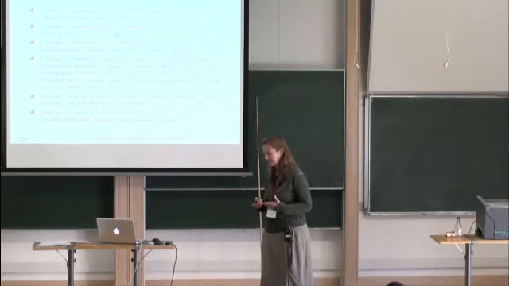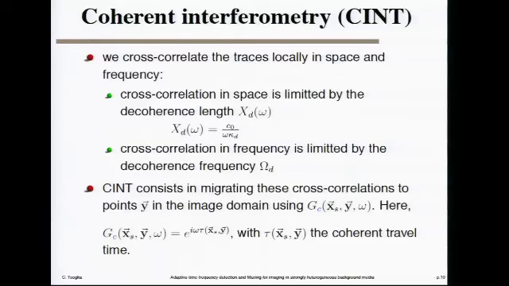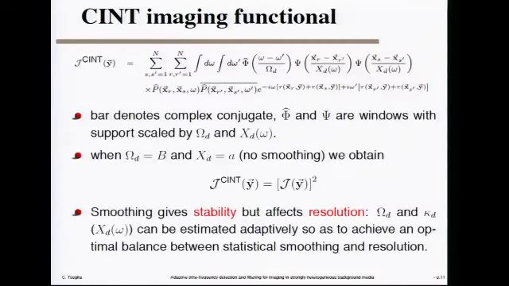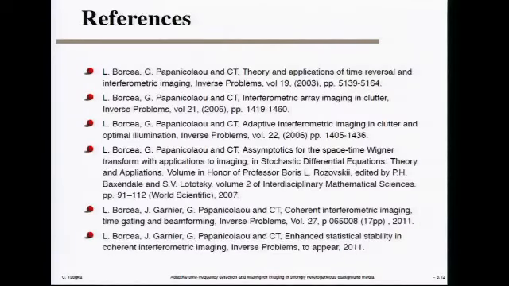What is important is the stability. So what do we mean by stability? We mean that this image, the imaging functional, should not depend on the realization of the random medium. So we should see something that is stable. Okay, and we have two more recent papers. I think that Liliana talked to you about this one.